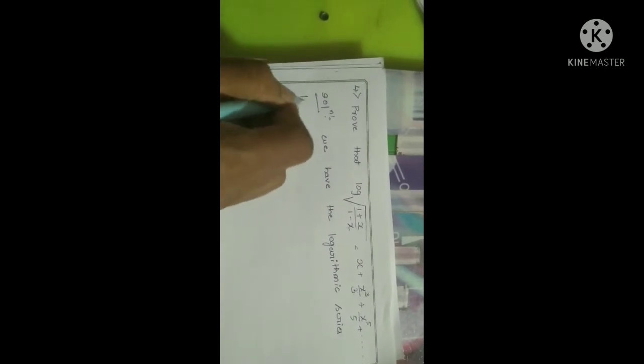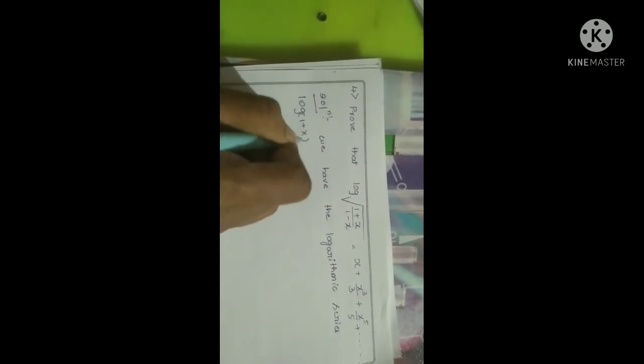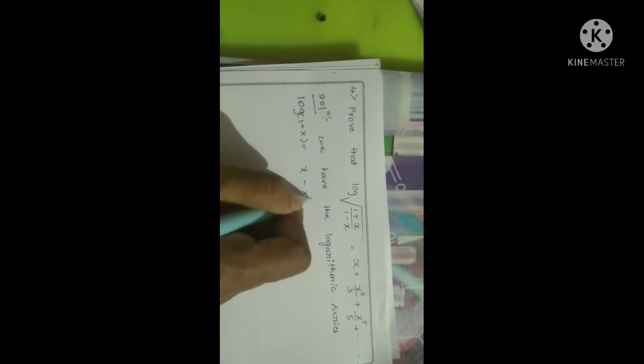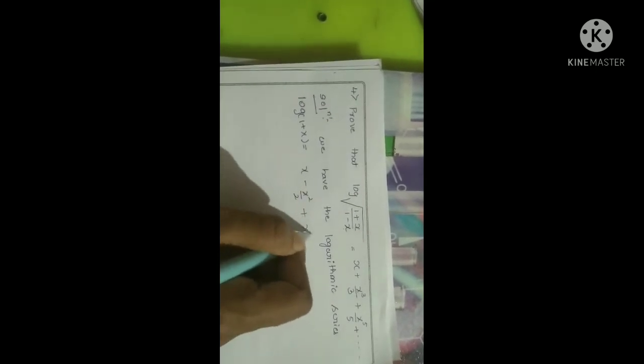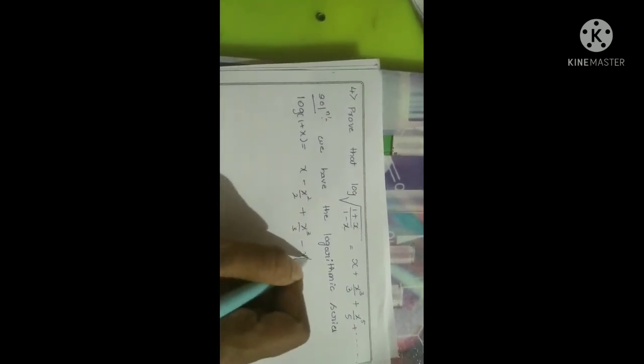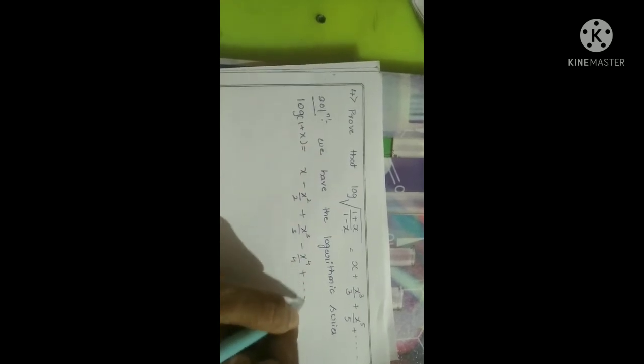You have log of 1 plus x equals x minus x square by 2 plus x cube by 3 minus x to the power of 4 by 4 plus so on.